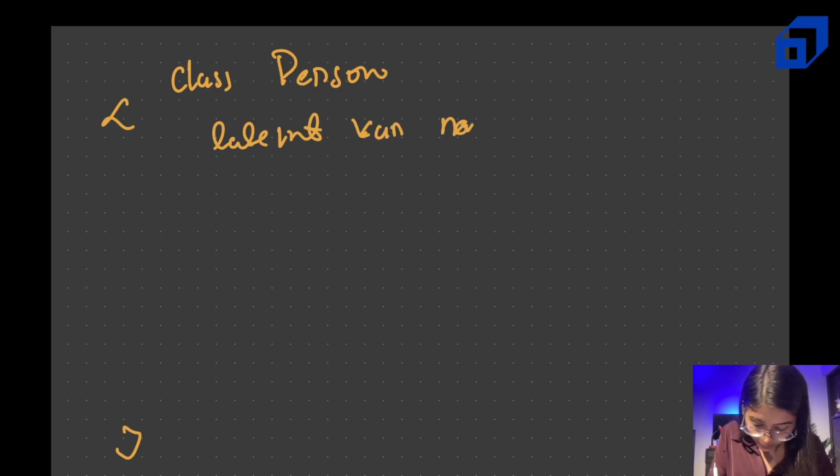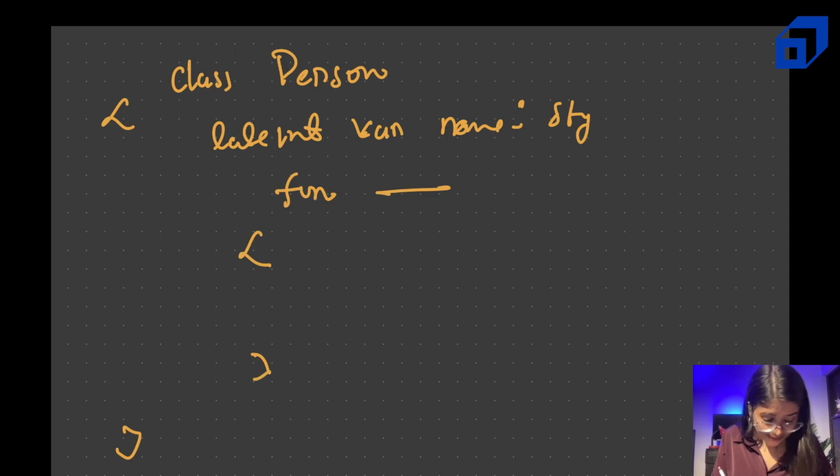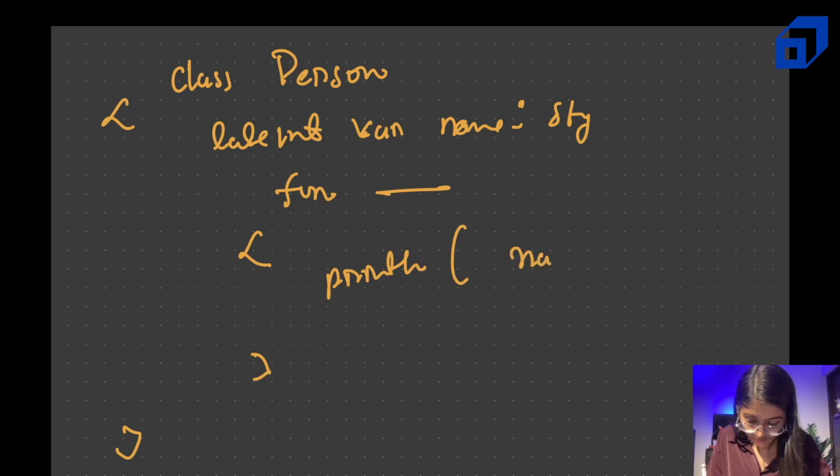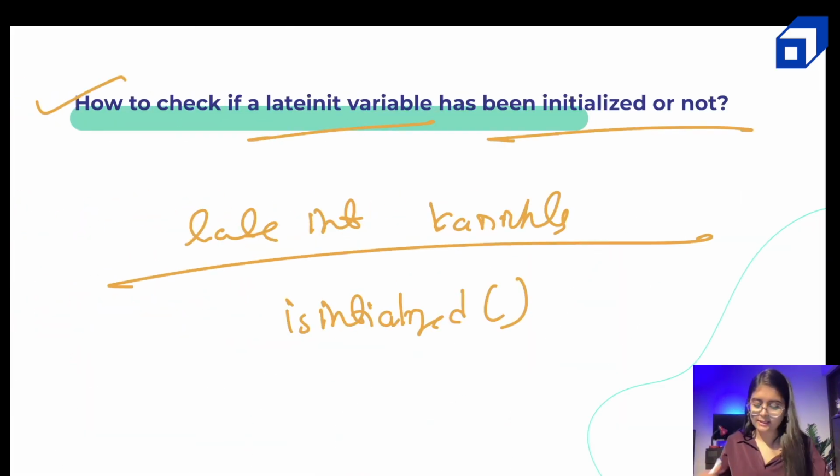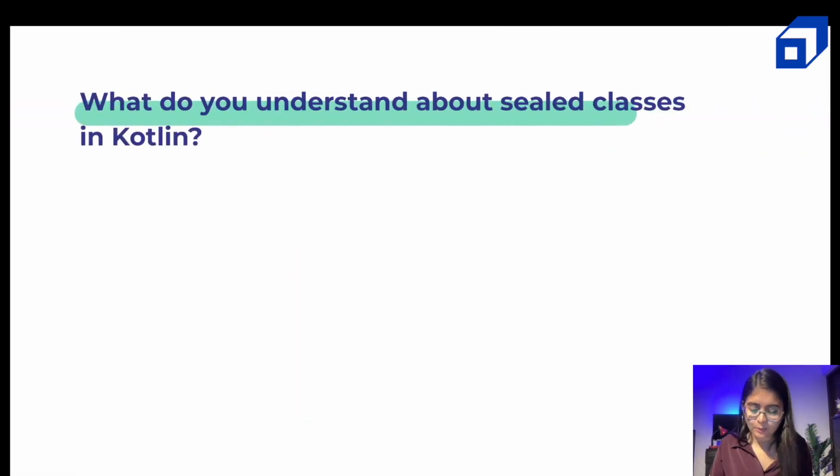Maybe you have a class Person here, and then you have a lateinit variable, lateinit var name of type String. Then inside your function, let's say a function named xyz, you want to check if it is initialized or not. Let's say I want to print it, so println(name.isInitialized). It will return true if it has been initialized, otherwise it will return false, right?